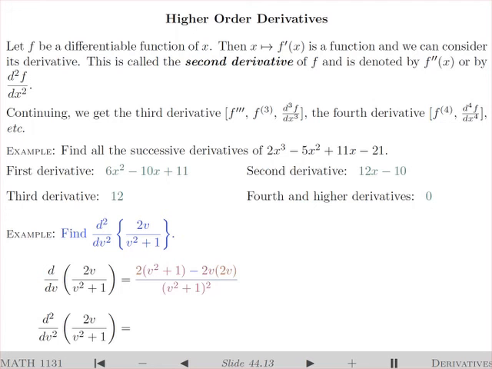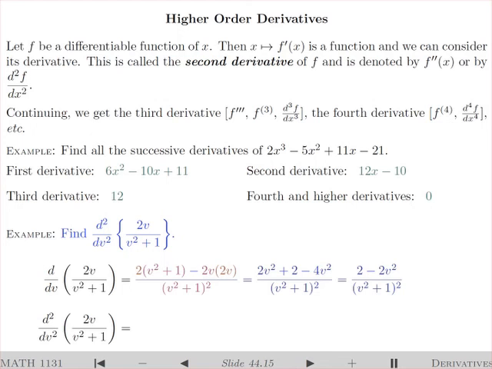Since I need to differentiate this again, I'm going to simplify this just a little bit by simplifying the numerator. Let's distribute the 2 in the first term. So that's 2v squared plus 2. And then in the second term I have 2v times 2v, that's minus 4v squared. And then combine the two like terms, 2v squared minus 4v squared is negative 2v squared.